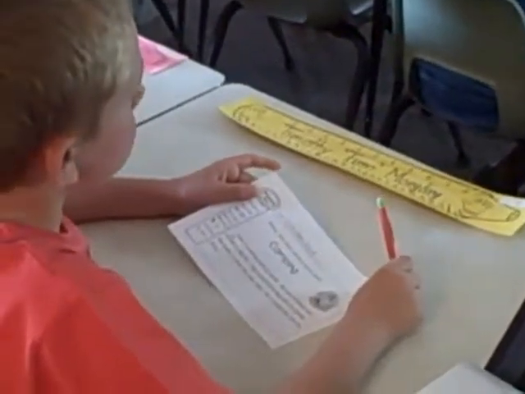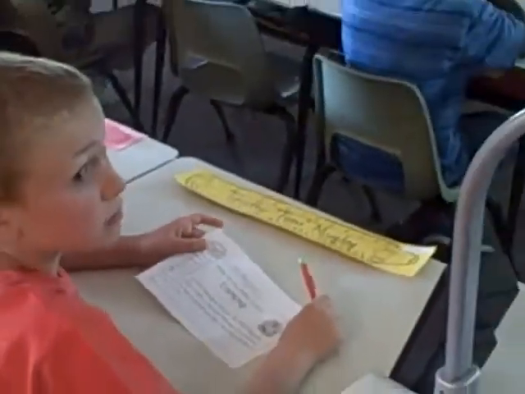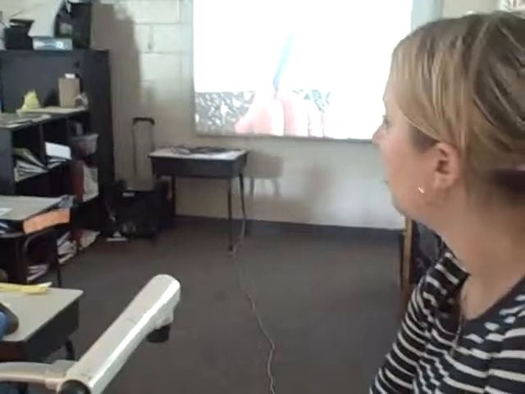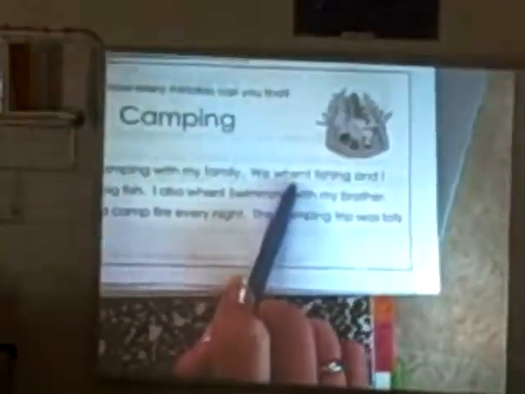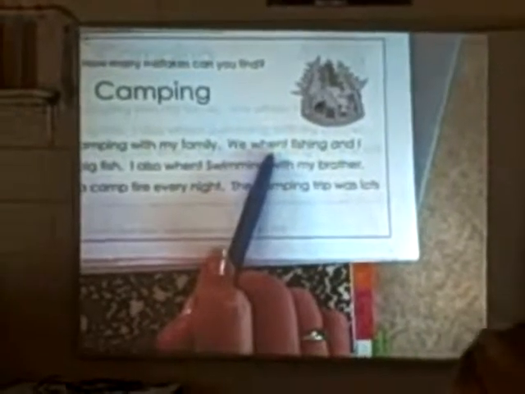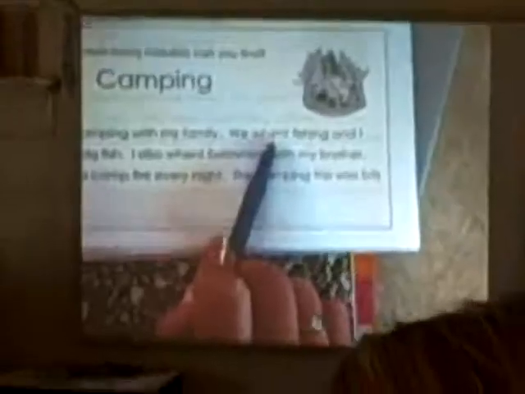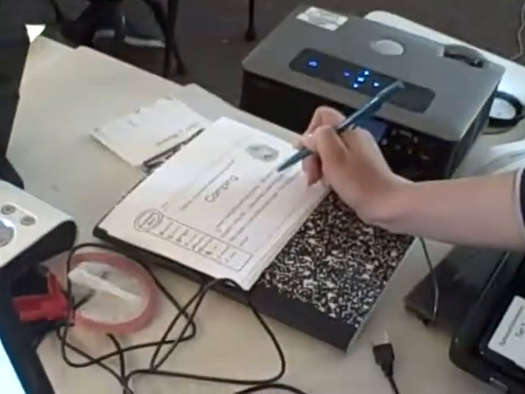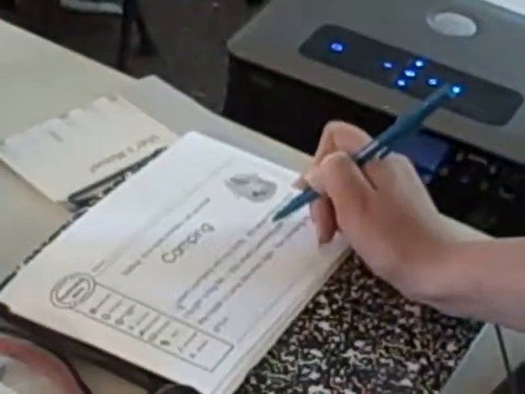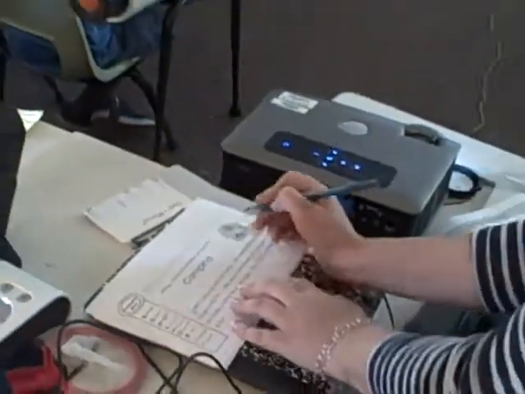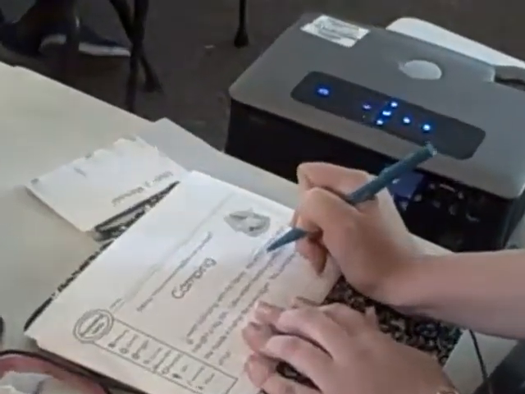Right. What is this word supposed to be? What did you say this word was, Blake? Went. Is this how we spell went? No. How do we spell went? Everybody? W-E-N-T. So what do I need to do to tell my friend that this is incorrect? We circle it, so that they know they need to go back and check that word.